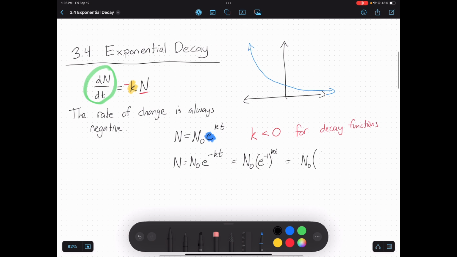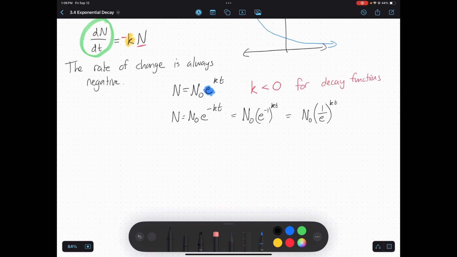And so this gives me this, 1 over e raised to the kt. And tell me about 1 over e. 1 over e is less than 1. And so that's why this still ends up being a decay function, even though it's initially written with a base that's bigger than 1. This is still a decay function because the exponent's negative. That's what makes this a decay function.